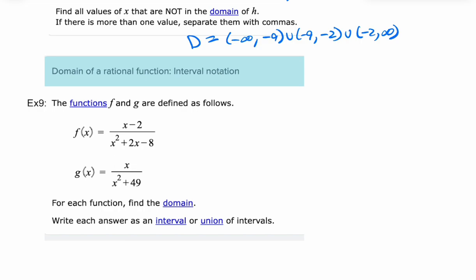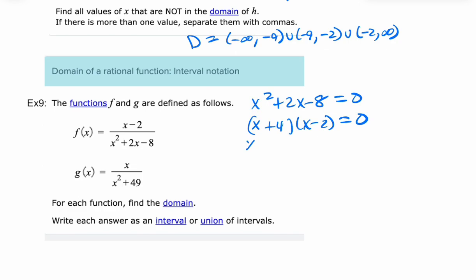So let's start with the first one here, f of x. For f of x, we need to skip values where x squared plus 2x minus 8 equals 0. Now they're nice. They've made them factorable, at least this one. So we get x plus 4 times x minus 2 will give us that factorization of that quadratic.